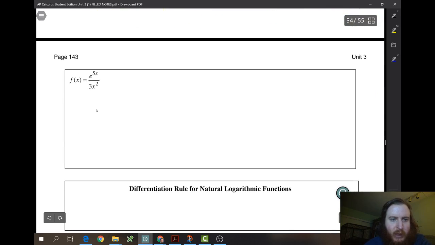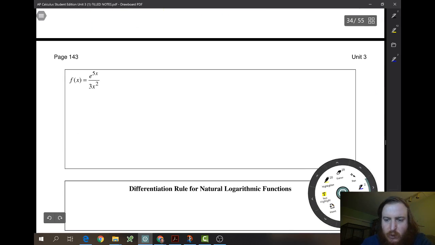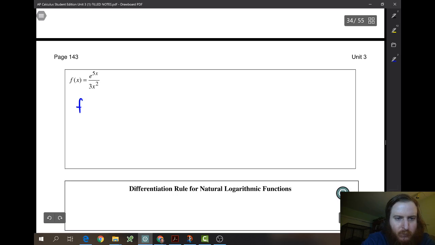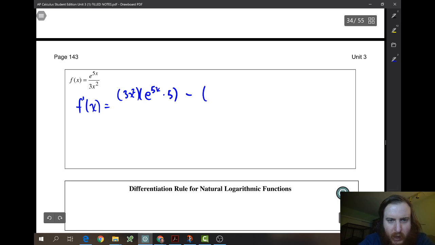Okay, our next one is a quotient, right? So we have a quotient, so low d high minus high d low, all over low squared. So low is 3x squared. High will be e to the 5x times 5 minus high e to the 5x. D low will be 6x.